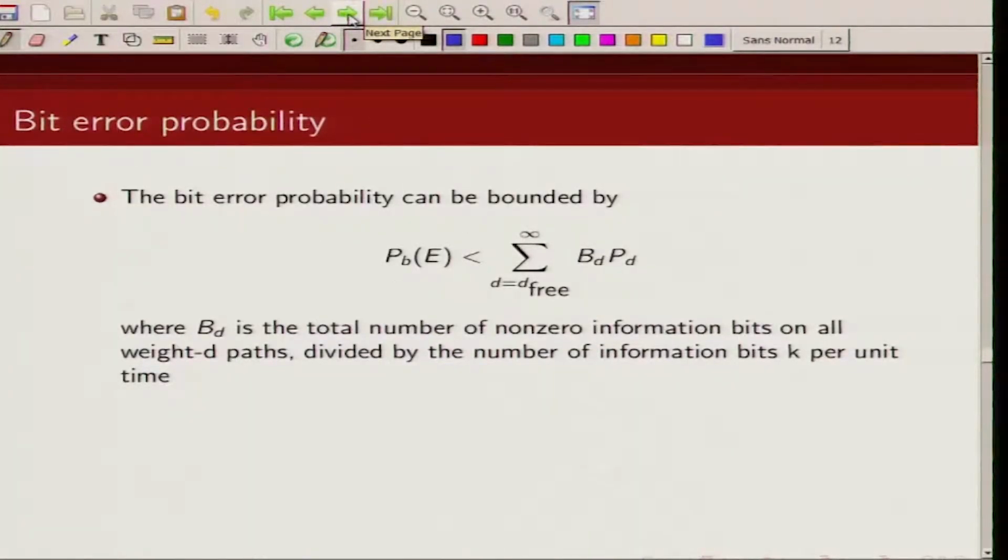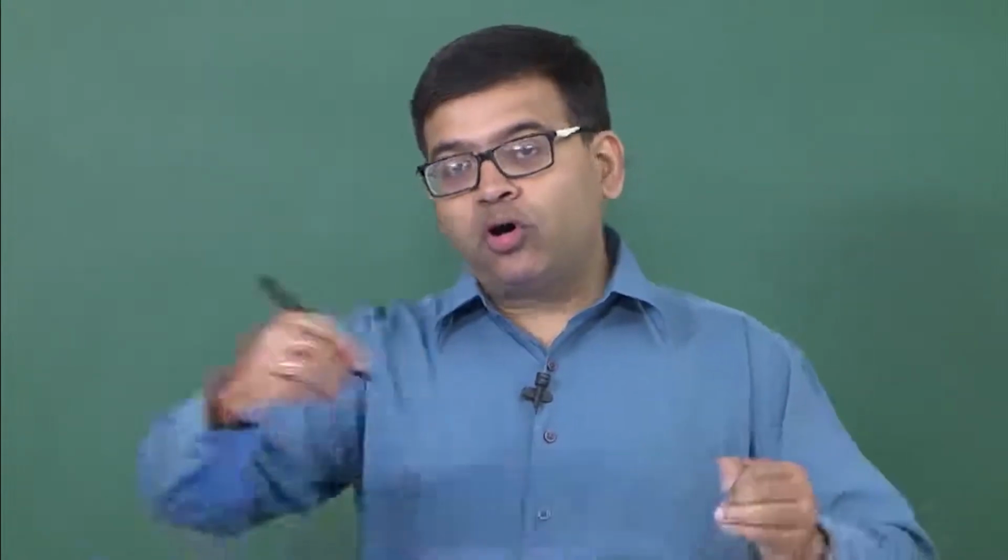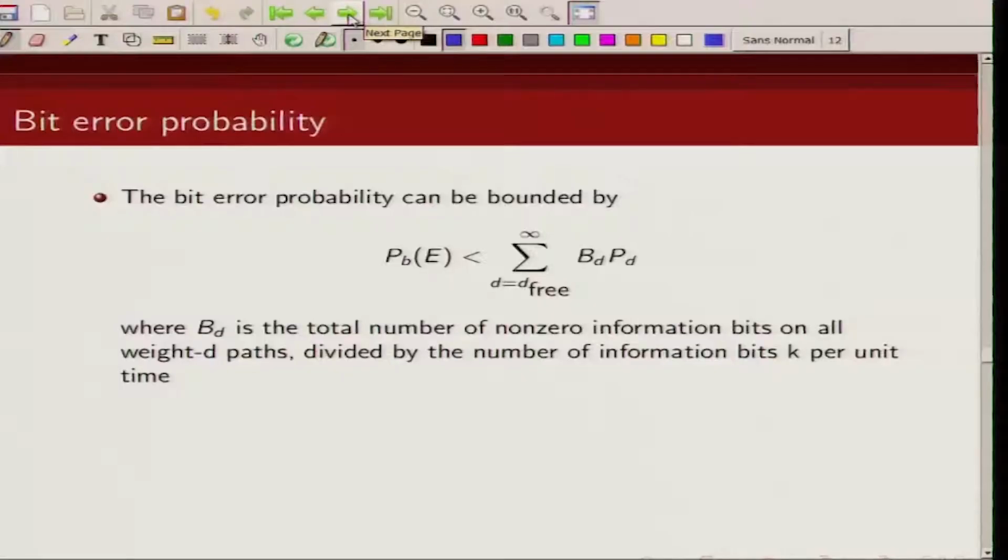Now, can we modify this expression to calculate bit error rate probability? The answer is yes. So, you know what is the weight corresponding to an incorrect path. Now, if we can find out what is the information weight corresponding to these incorrect paths, and then we divide it by total number of information bits, we can find out what is the bit error rate probability.